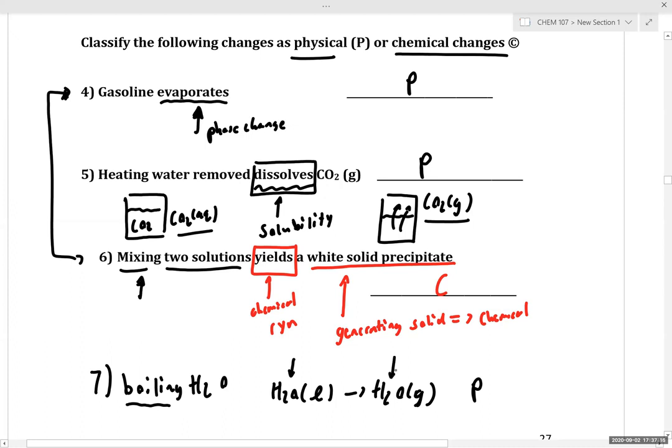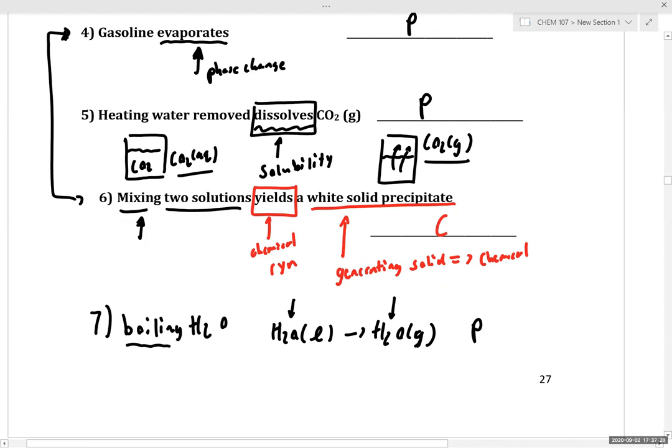Professor, I have a question. Yes. Sometimes we don't know how to write the formula. Then how do we tell if it's a physical or chemical change? Then you'd have to rely on the keywords. So in this case, boiling tells us that we're dealing with a phase change. Thus, because it's a phase change, it's a physical change. Does that make sense?